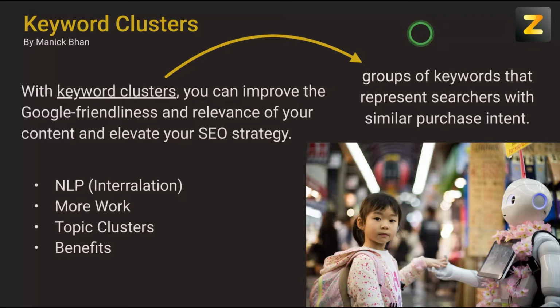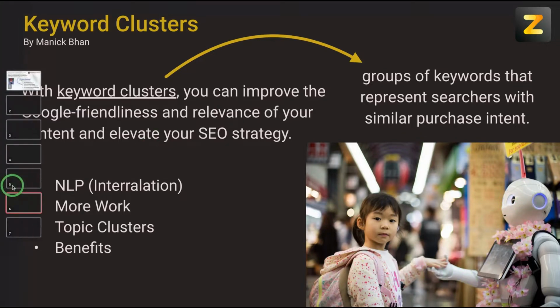And why are those keyword clusters important? Because everything changed on the SEO strategy. Why? Because Google changed their algorithm and looks like that human, that little girl here with the robots. So let's think about Google as the robot, and now Google is more humane.